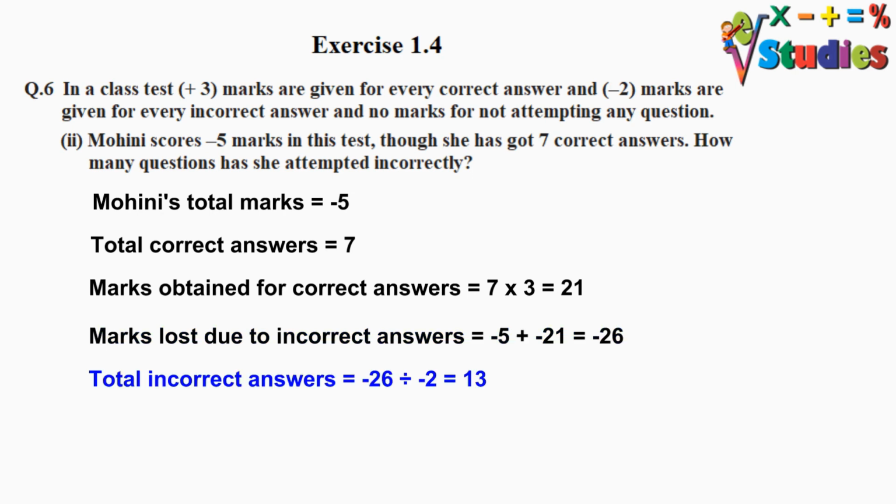Now we can find out the total incorrect answers given by Mohini. So here if we divide -26 by -2, we get 13. So she must have given 13 incorrect answers in order to lose 26 marks, and as a result she has got -5 marks in total.